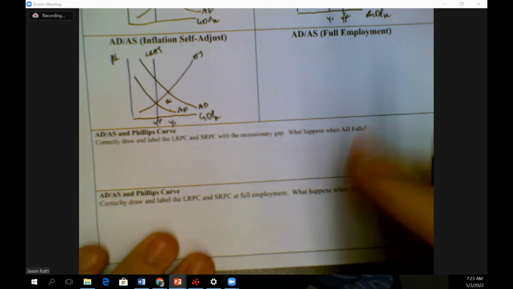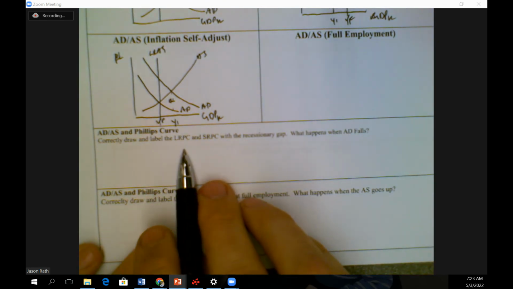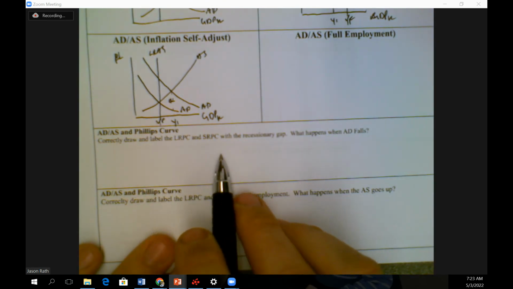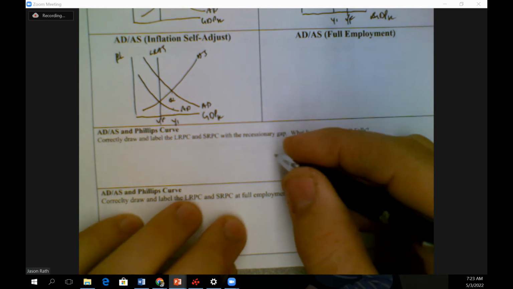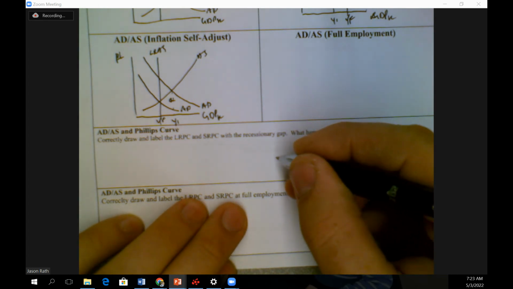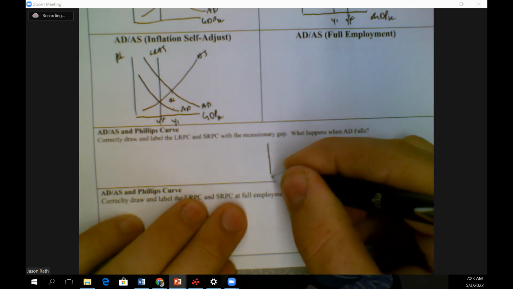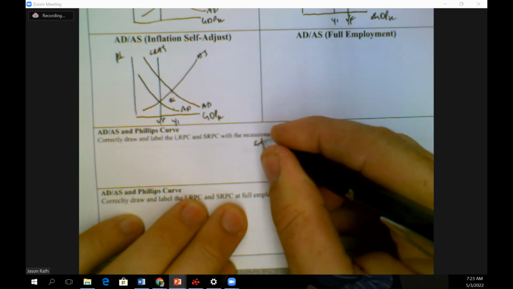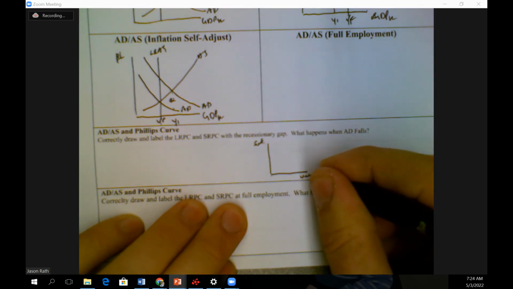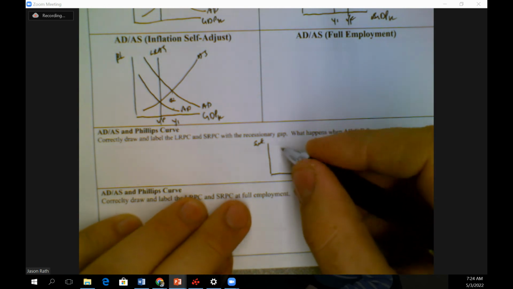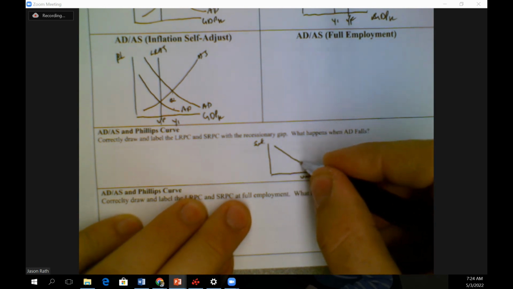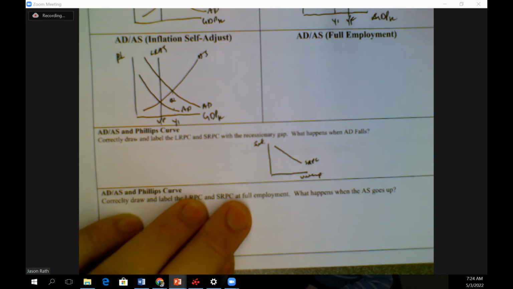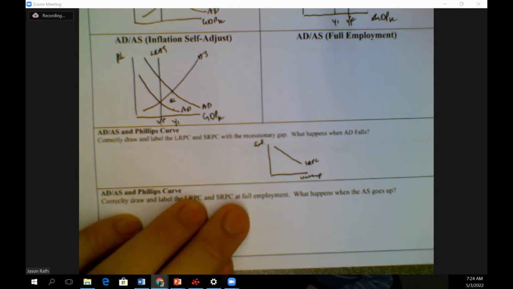So, correctly draw and label the long run Phillips curve and short run Phillips curve, recessionary gap. If we go here, you got inflation, you got unemployment, you got the short run Phillips curve.